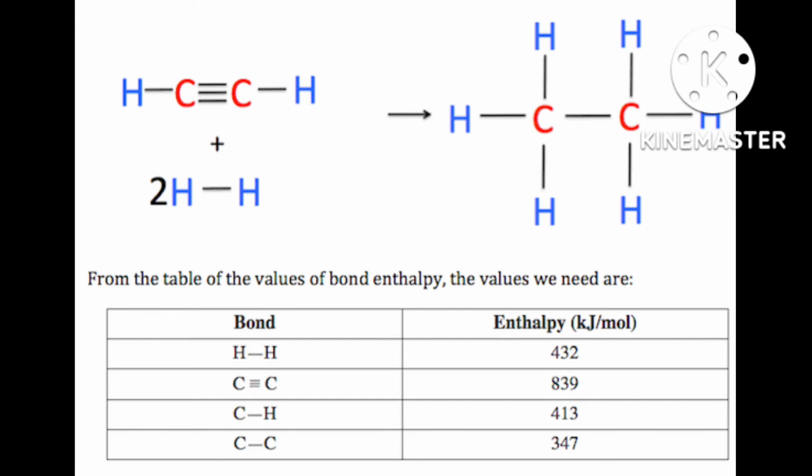In the case of polyatomic molecules, mean bond enthalpy is used, and for dihydrogen we use bond dissociation enthalpy, which is the same as enthalpy of atomization.